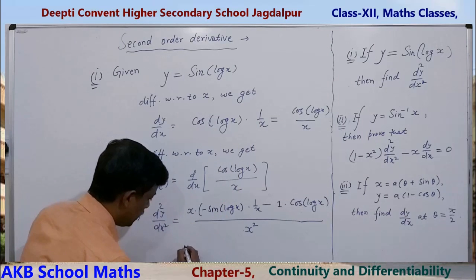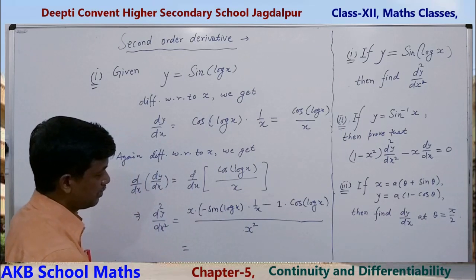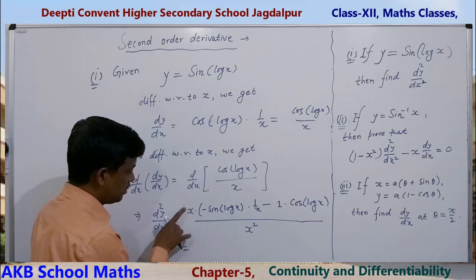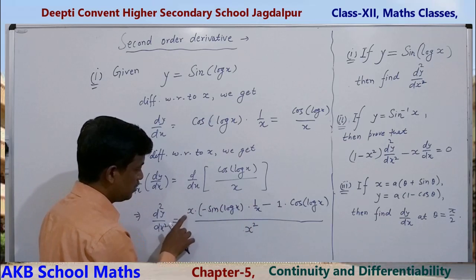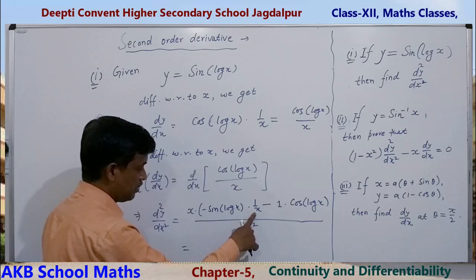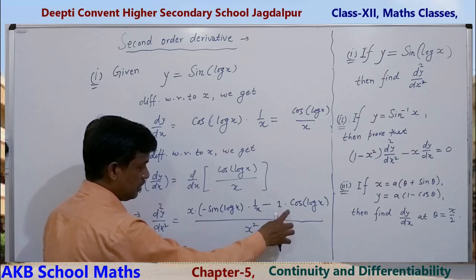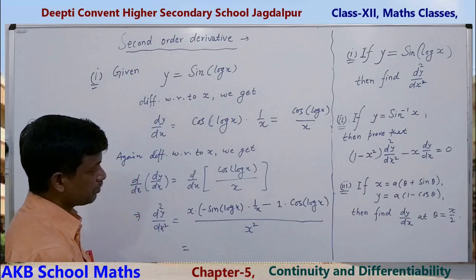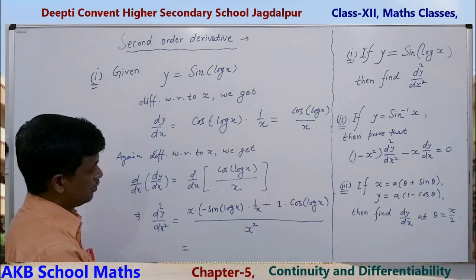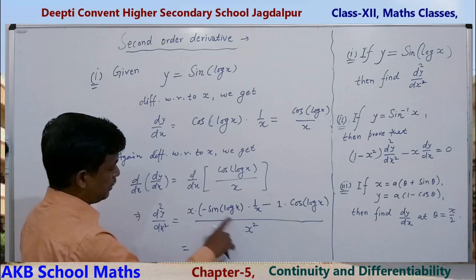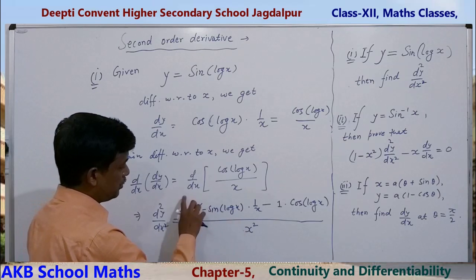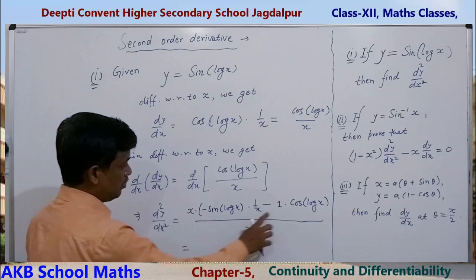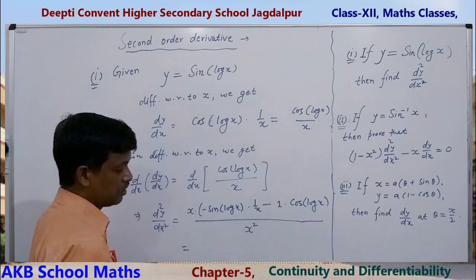Now we see what we get. Multiply by x inside, the x cancels and x will be here. The numerator becomes 1 times cos log x.